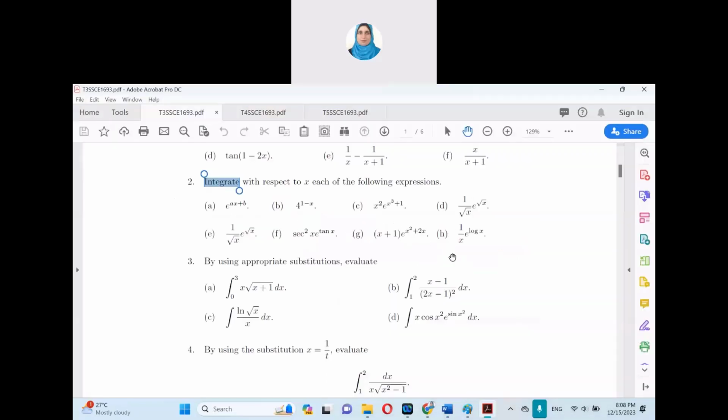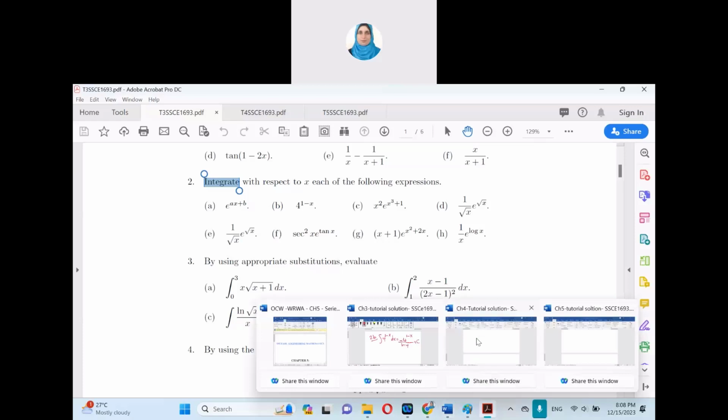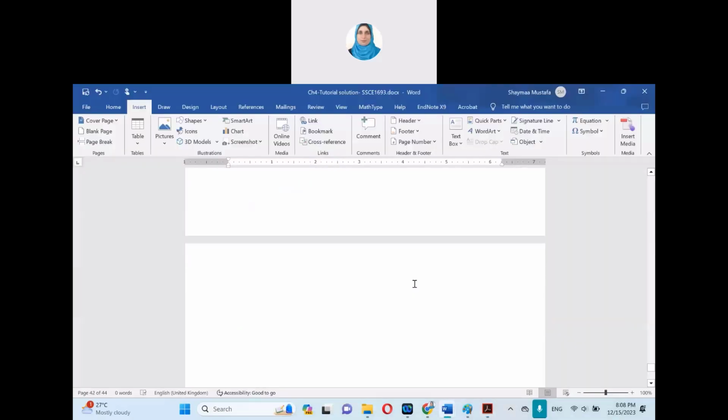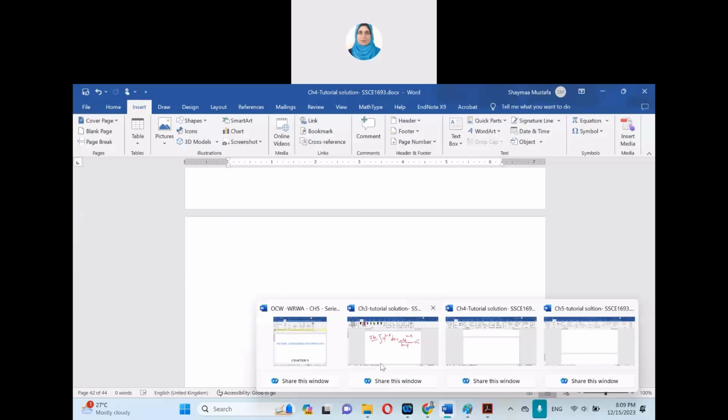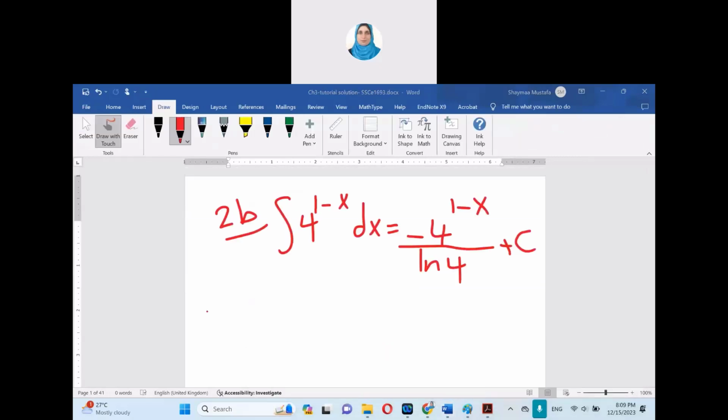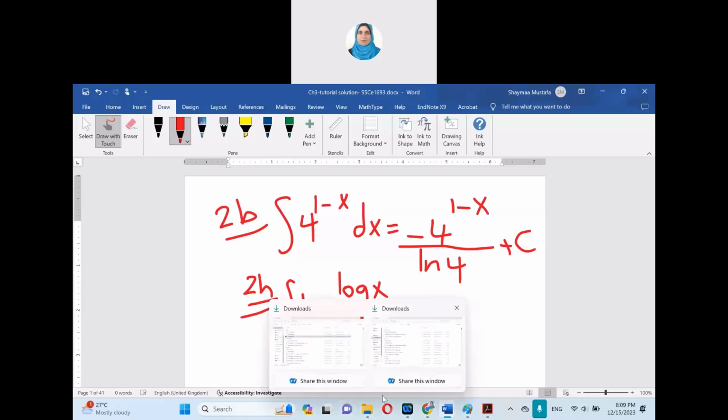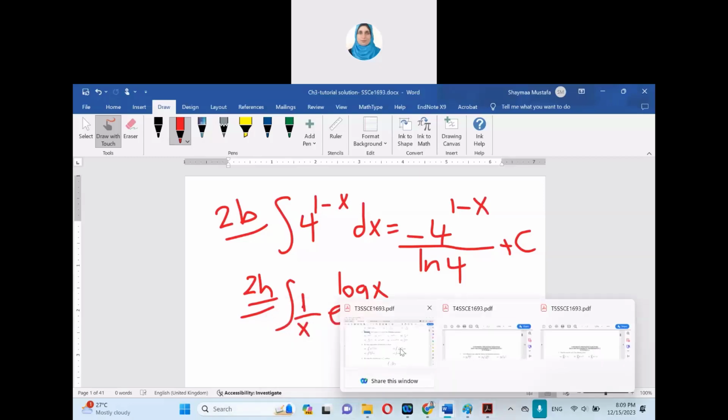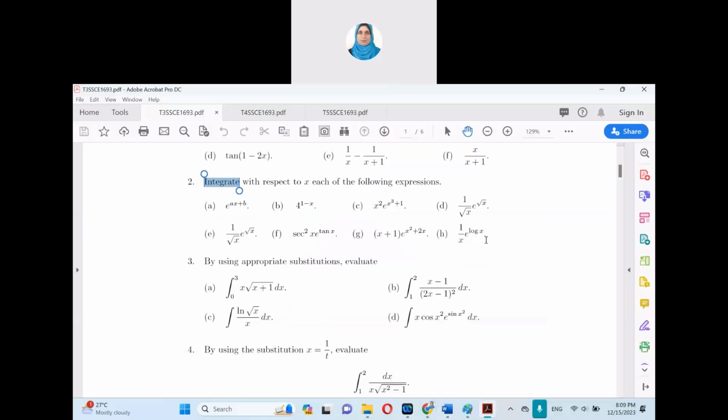Question 2H, 1 over x e to the power log x. This one is substitution, take u equal log x. Okay, 2H is integration of 1 over x e to the power log x.